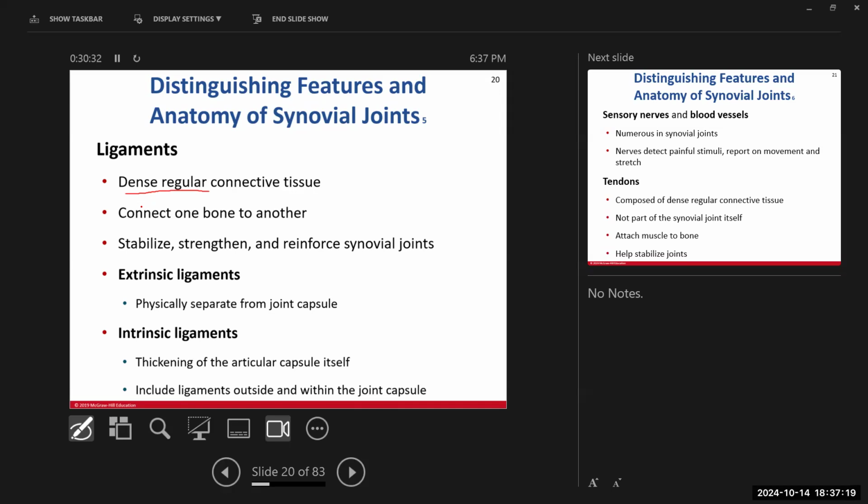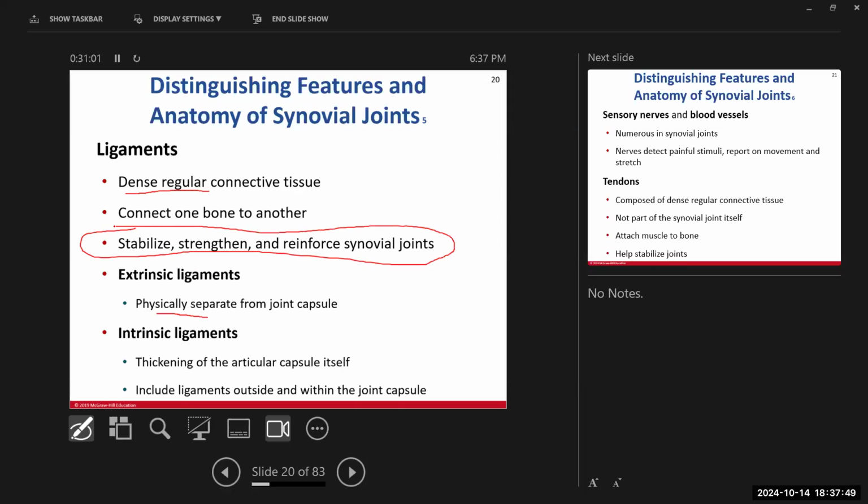So the extrinsic are physically separate from the joint capsule itself. The intrinsic will become part of the joint capsule. It doesn't mean that some of those intrinsic ligaments can't originate from outside of that joint capsule, but they'll eventually fuse into it. But the big thing is, I want you to really know the purpose of our ligaments, and that's stabilization, strengthening, and reinforcement.